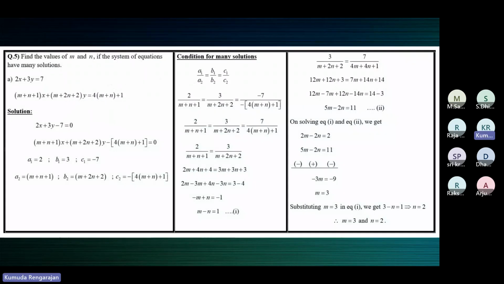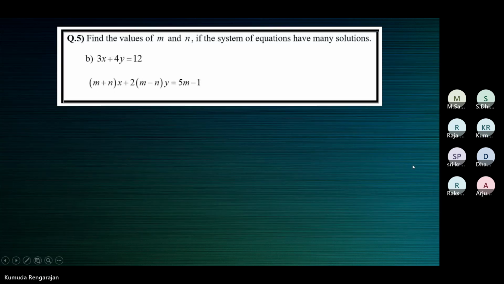So yesterday, I think we did one question of this type where we get two equations and we solve the equations to find the values of m and n. So I think I can give you this question as a test. Find the values of m and n if the system of equations have many solutions.